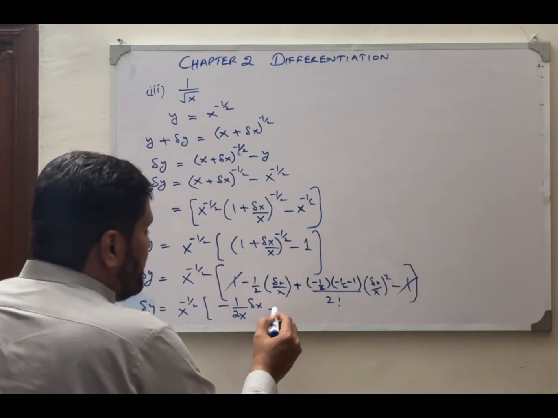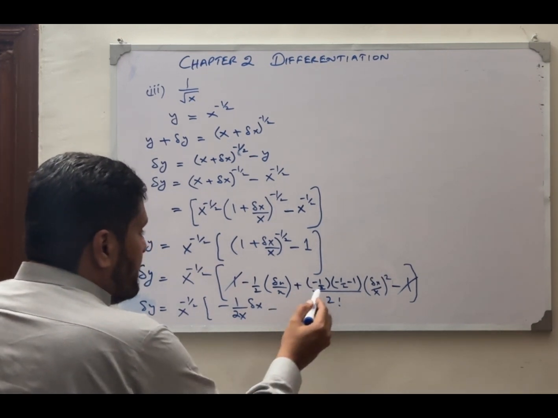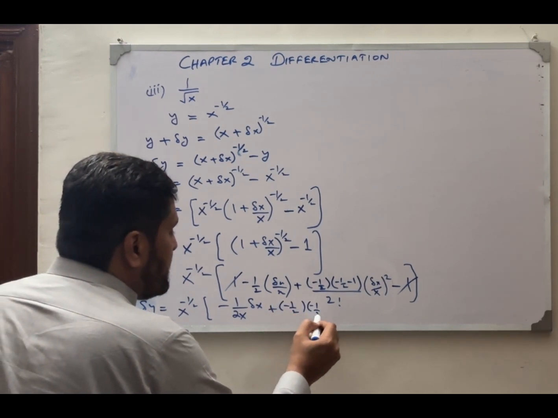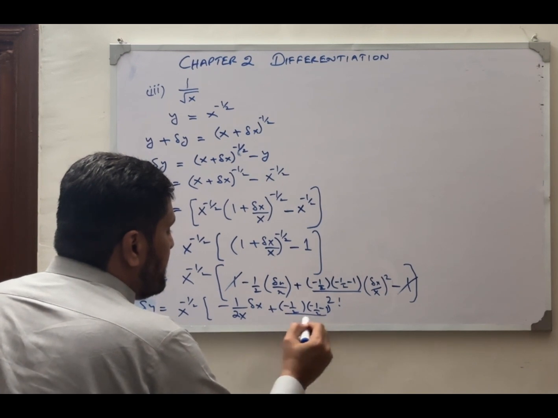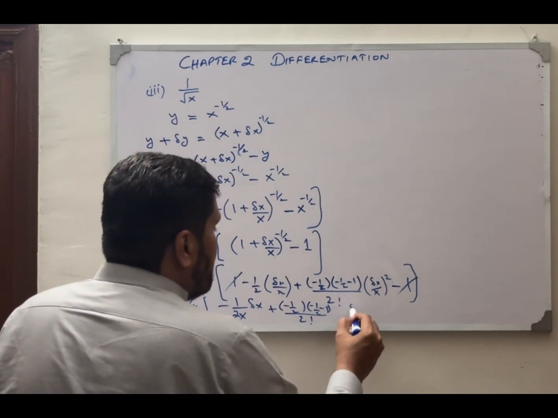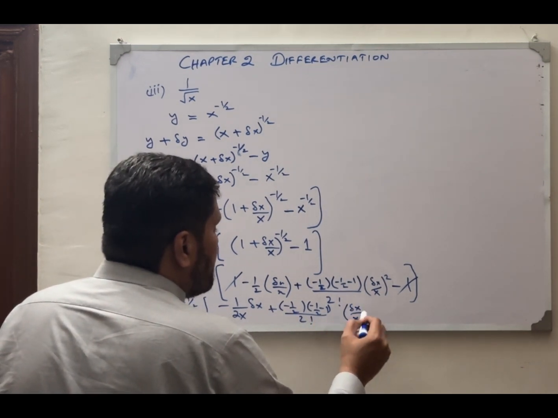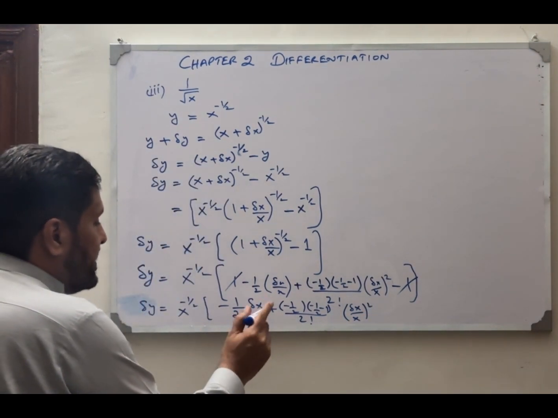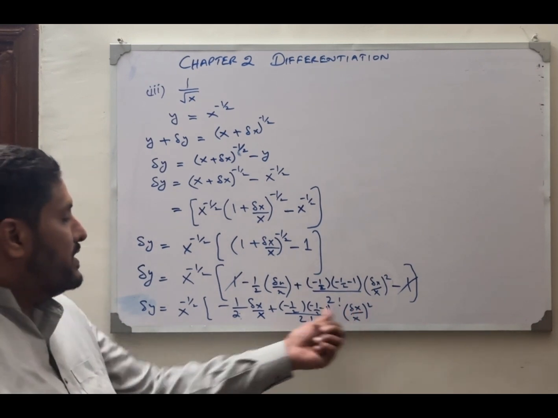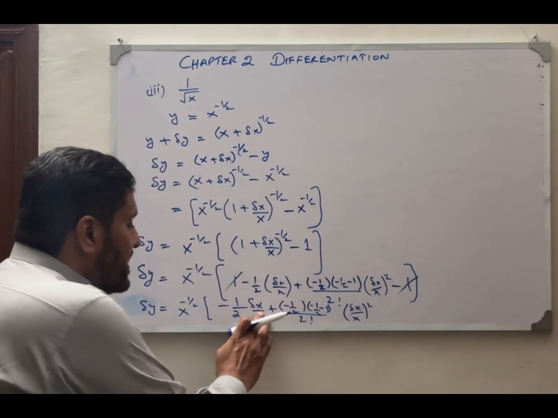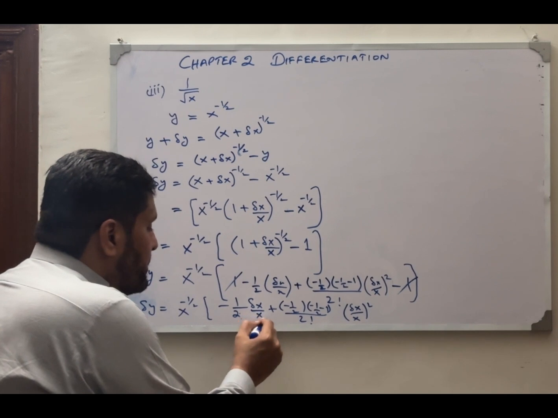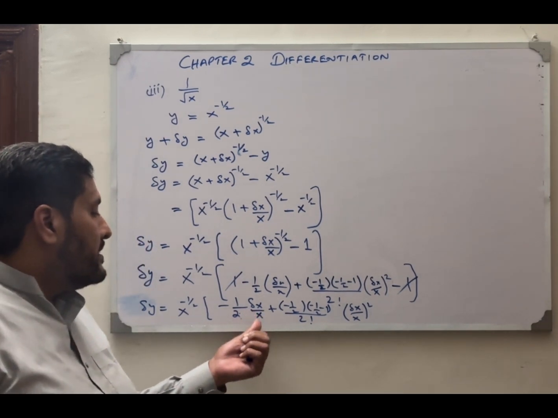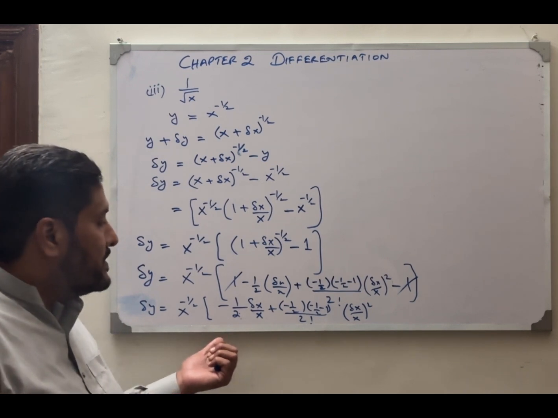And the remaining term plus minus 1 by 2 into minus 1 by 2 minus 1 over 2 factorial into delta x by x whole square. We can write it in the same way here, delta x by x, because in these two terms our delta x by x will be taken as common. Or we can take delta x common as well in both of these terms.